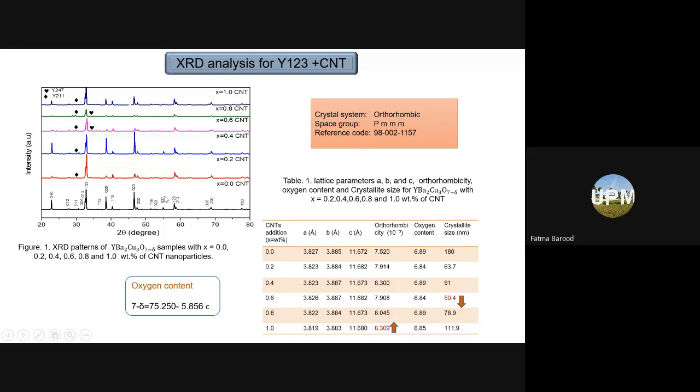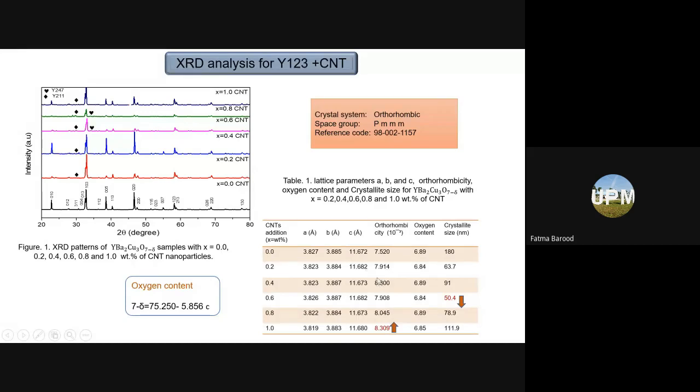It can be noted that the intensity of the peak in the 0.4 carbon nanotube addition was increased, where the crystal peaks clearly originated along the C-axis. Also, there was no significant change in lattice parameters a, b, c, while the orthorhombicity gradually increased as the addition of carbon nanotube increased.